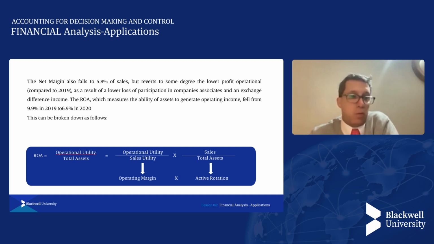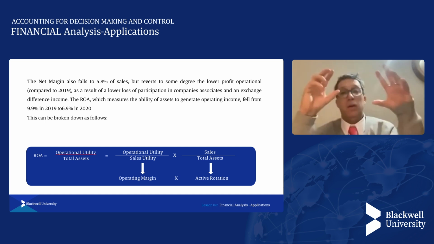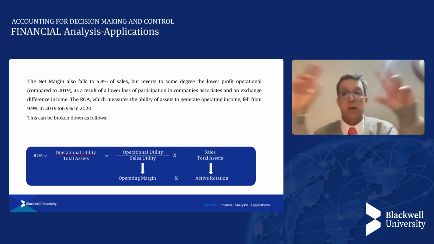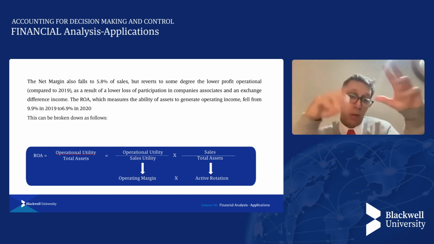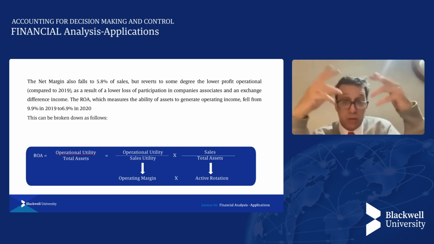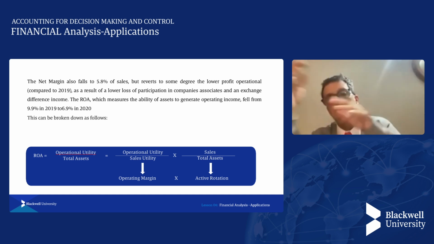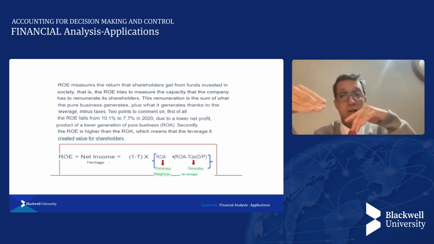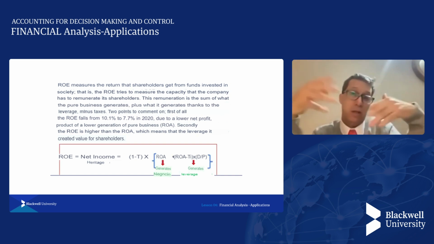And here is an interesting way. For example, when one calculates ROA, one can always break down operational profitability into margin and turnover. So, operating profit over assets, which is the ROA, can be separated into operating profit over sales, which is the margin, and that multiplied by sales over assets, which is the asset turnover. And in that way, I can always break down the profitability of any business into its margin and its turnover.